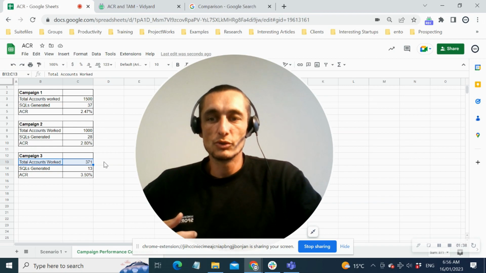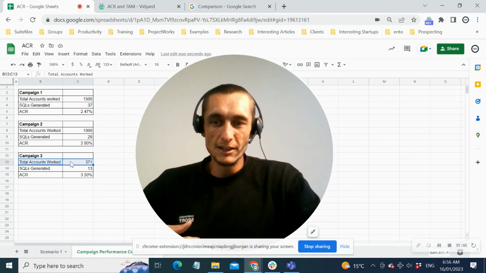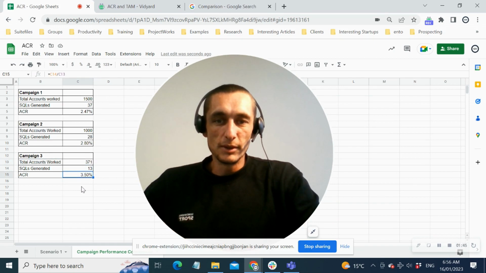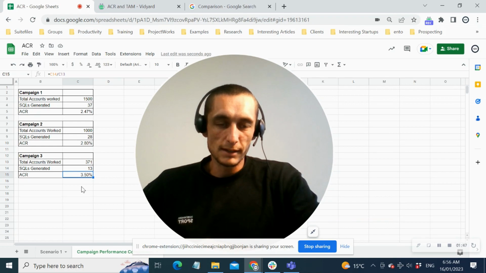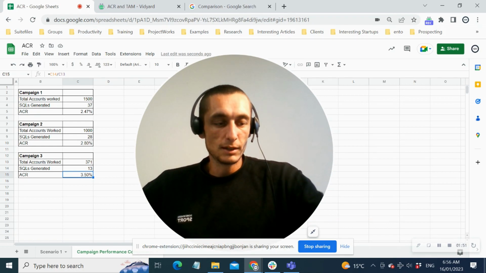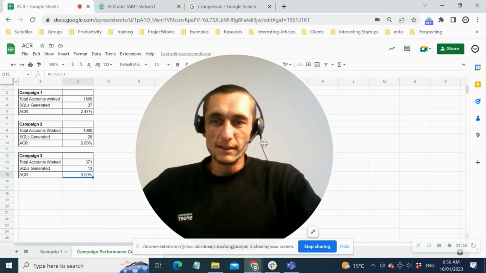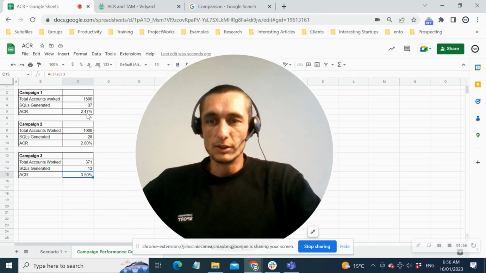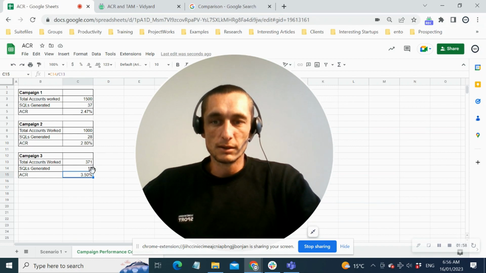Is there anything that we could do to drive up the number of accounts worked in this campaign? Because it is generating by far the best performance in terms of conversion rate. And so this is what we're talking about when we mean we're able to compare these campaigns at a deeper level than just the number of SQLs that they're generating, right?